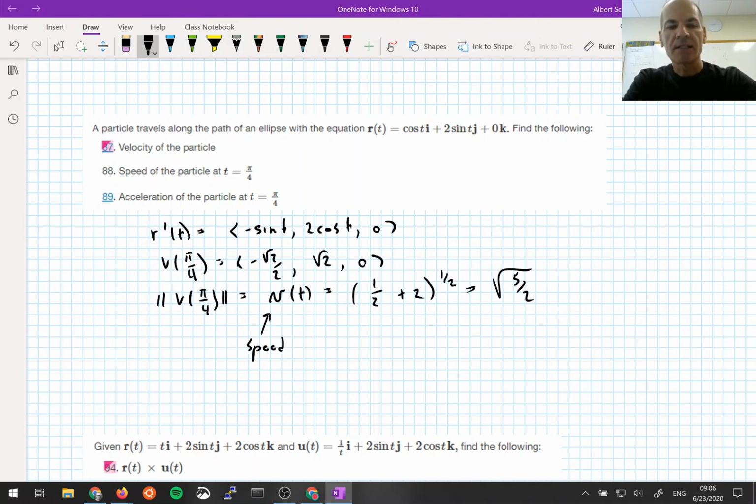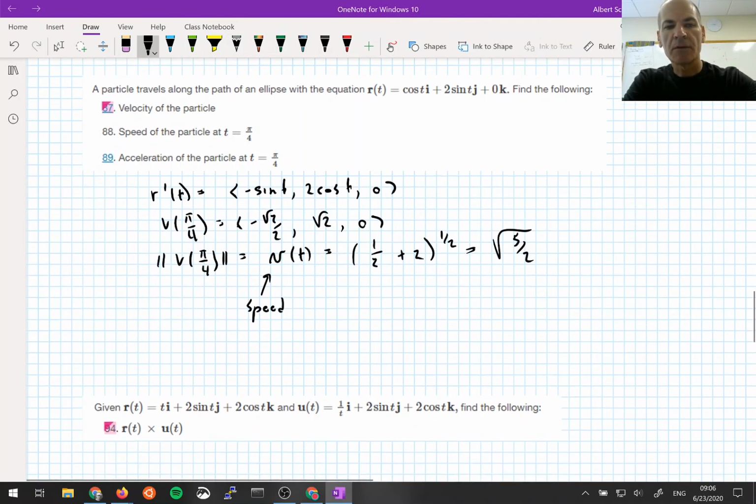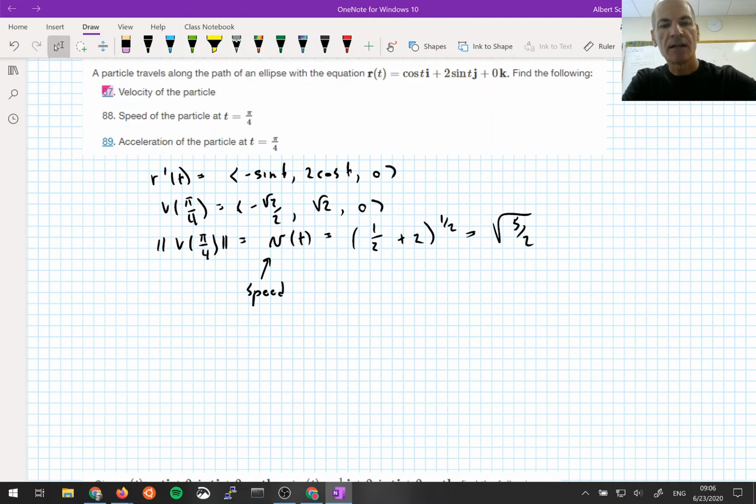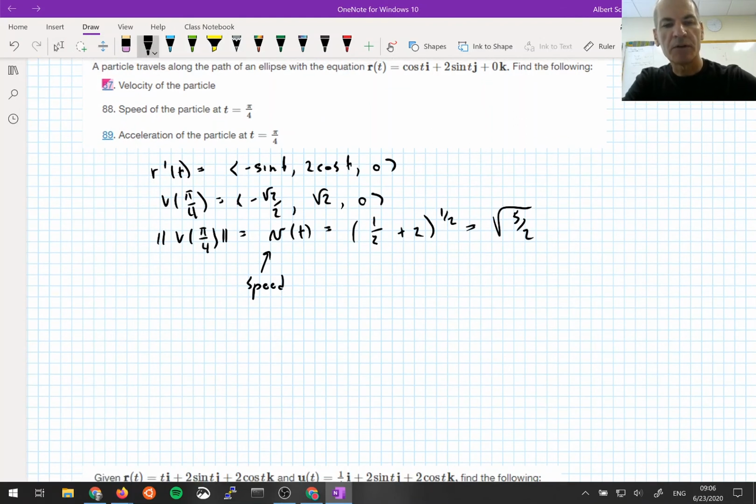Now, 89 is a little bit different. It's something that we haven't talked about yet, but something that I want you to take away from this discussion, and that is that if we take the derivative of the velocity here, v prime is equal to the acceleration vector.